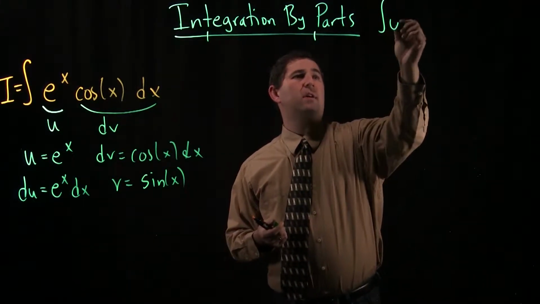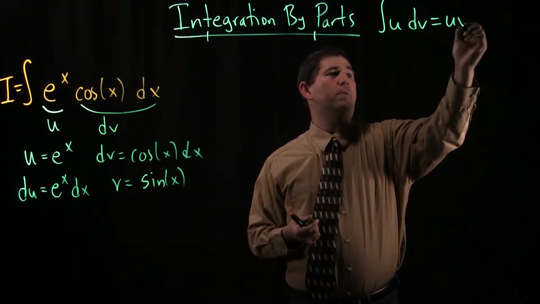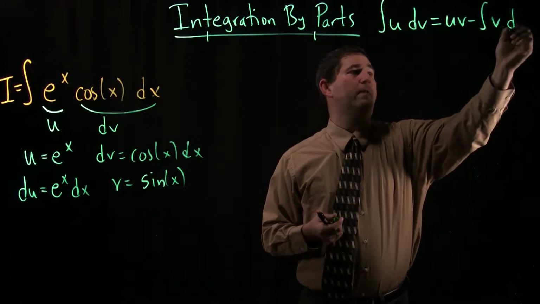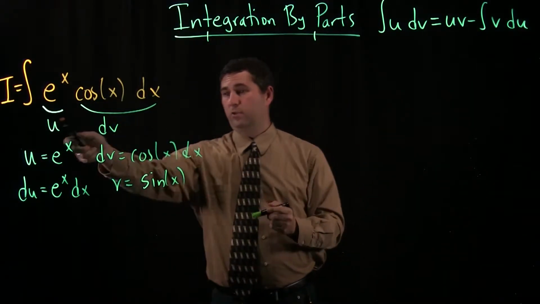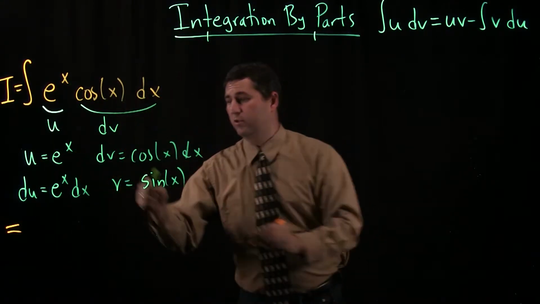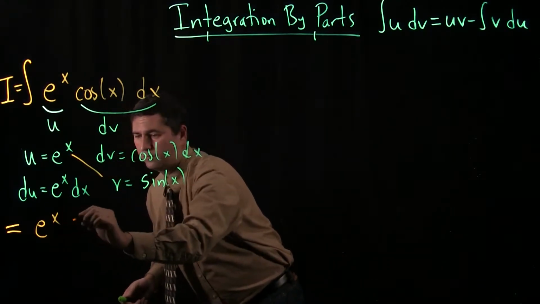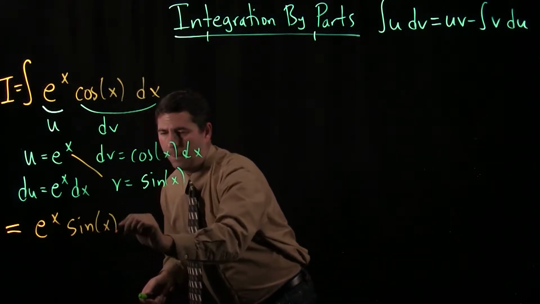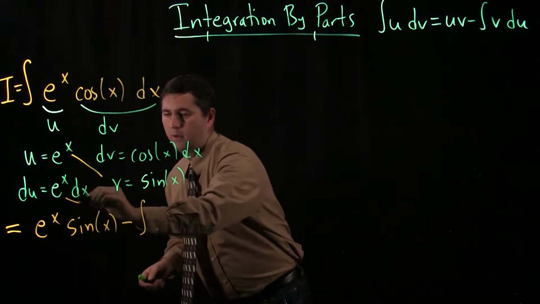Again, let's remind ourselves: antiderivative of u dv equals uv minus an antiderivative of v du. So I have my u dv, and I need to replace it with u times v, so e to the x times sine x, minus an antiderivative of my v du.